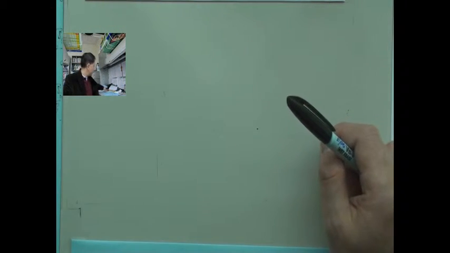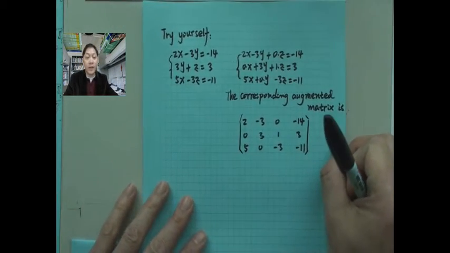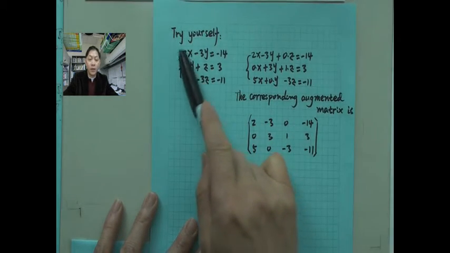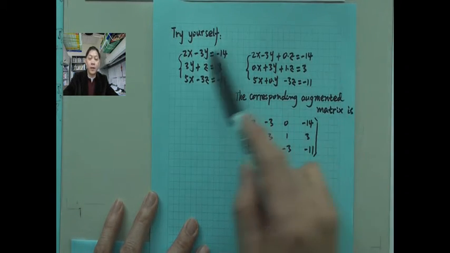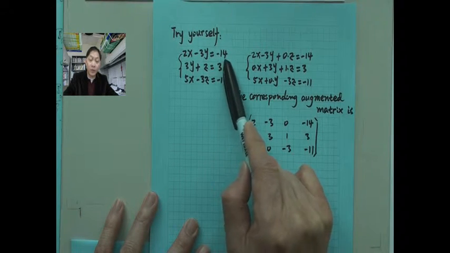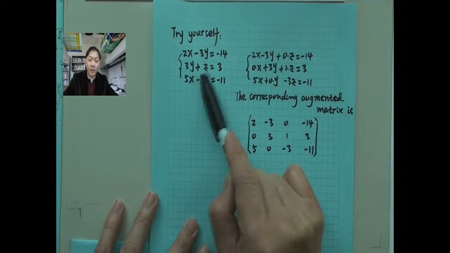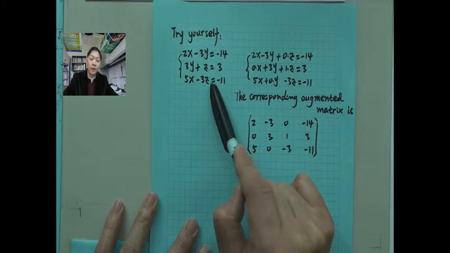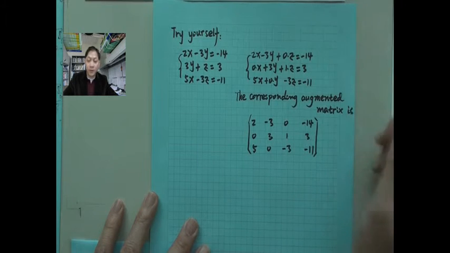Now, look at this example. This example asks you to try yourself. Here is 2x minus 3y equals negative 14. 3y plus z is 3. 5x minus 3z is negative 11.